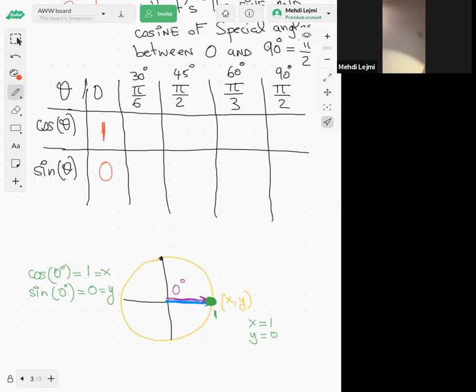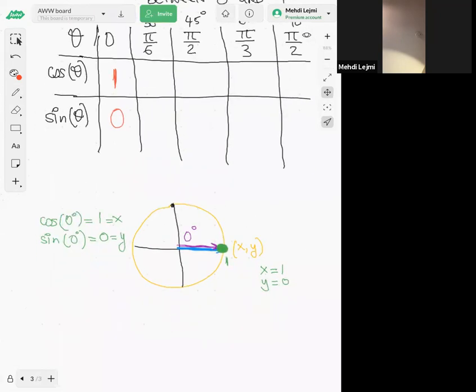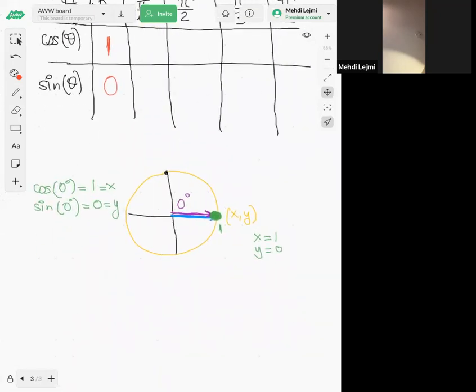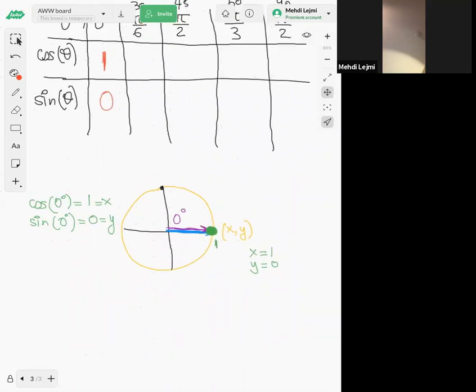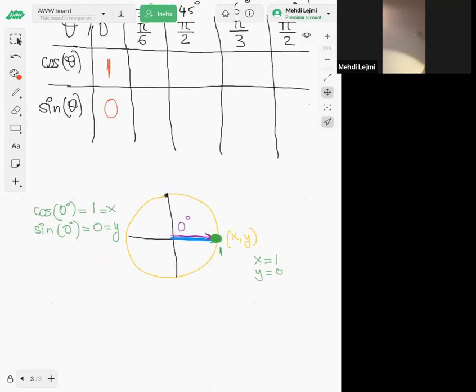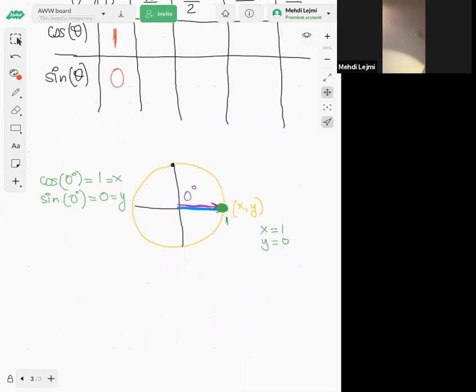Now, next, pi over 6 or 30 degrees. You can do the same thing. We can have a circle. Yes, that will be in radians, I think, Kwame. So for 30 degrees, you take again a unit circle.